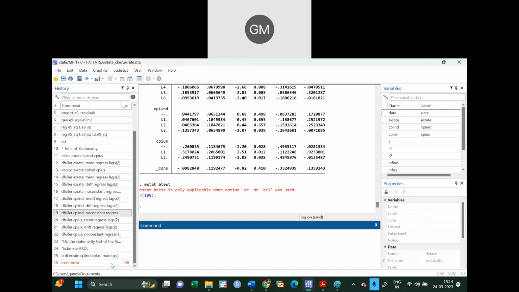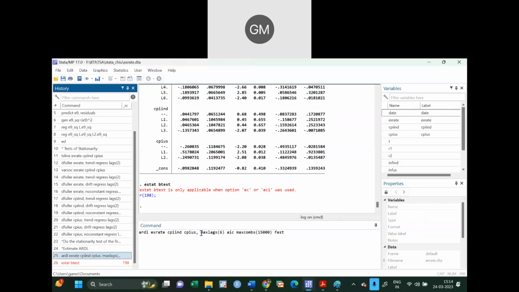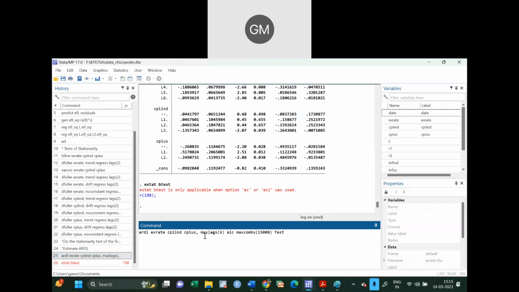One of the commands that we needed to give is EC1 and lags 6, 3, 2.